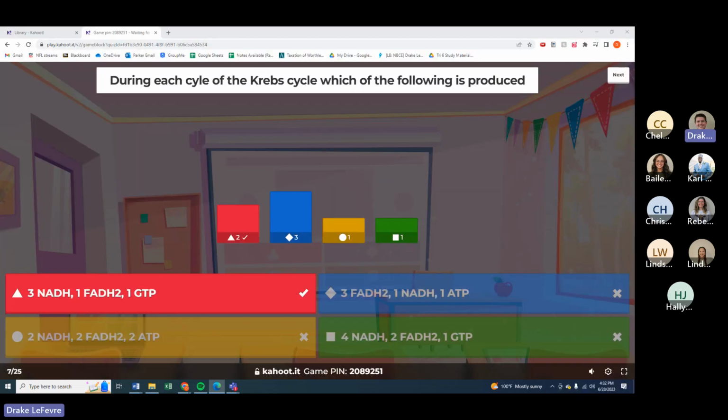Make sure you read the question, because the way he'll word it, he'll have questions per glucose molecule, or per pyruvate, or per acetyl-CoA, something like that. So just make sure you read the full question to understand what it's asking.